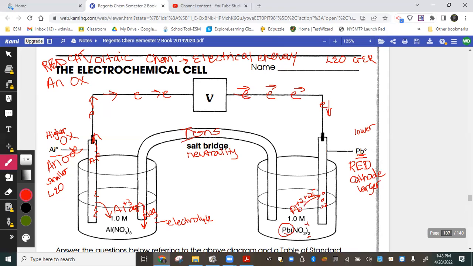All right, so then this is where our negative ions are going to come out. Okay, so here we have, where did I want to write over here?